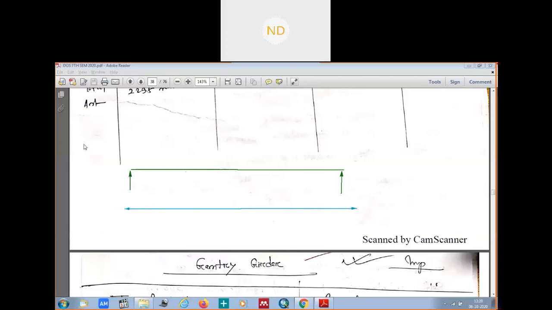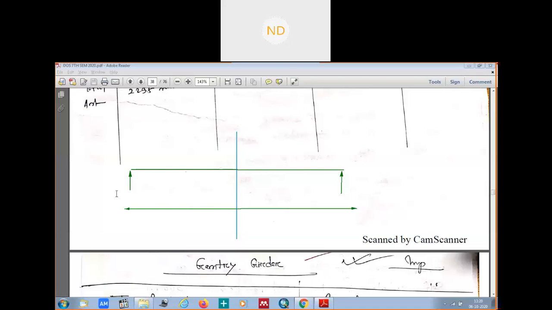Now the center of the gantry girder. Suppose the center is somewhere here of the gantry girder. This is the center of your gantry girder.